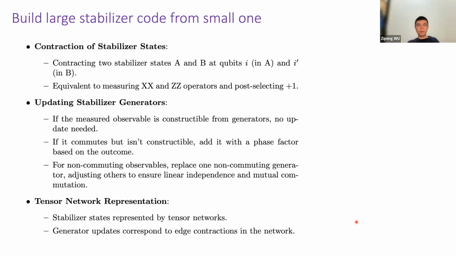Okay, so beyond code concatenation, there's another way to build a larger stabilizer code from a smaller one. This is done by fusing stabilizer states.